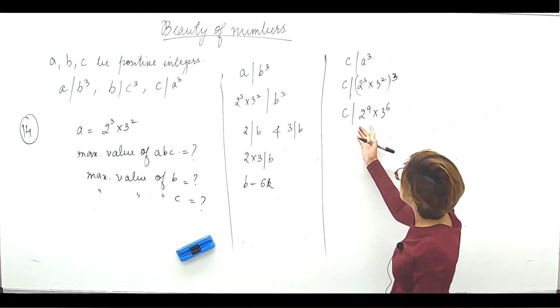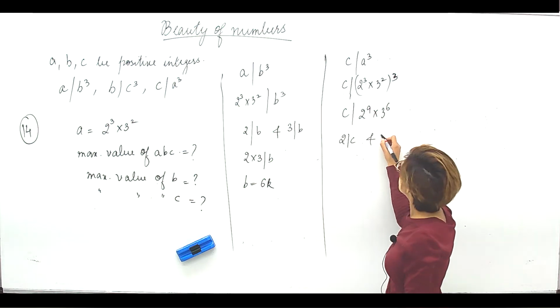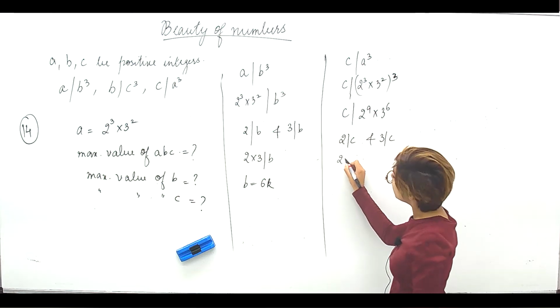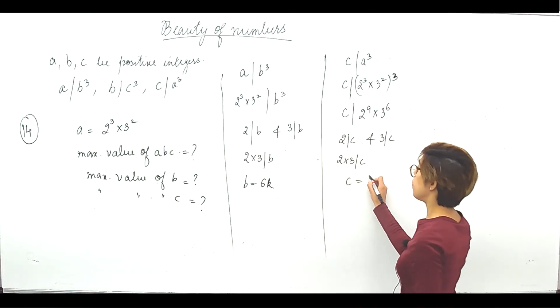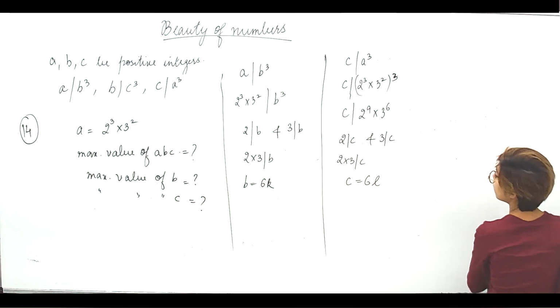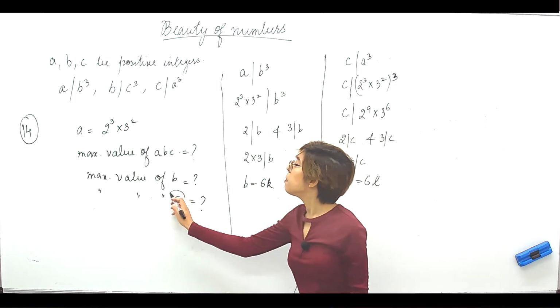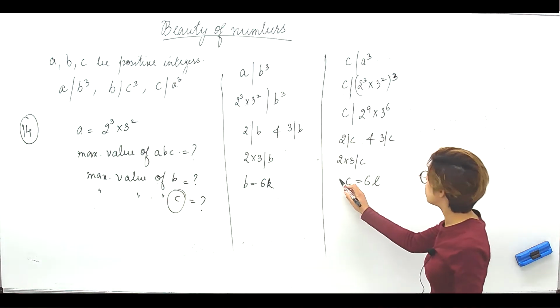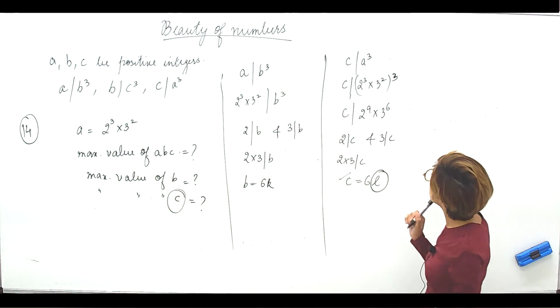Now from here definitely I can say that 2 divides C and 3 divides C. Again 2 into 3 divides C, or I can say that C is of the form 6L. Right? Okay. Now I want the maximum value of C. That means I want the maximum value of L. We need to find the maximum value of L.